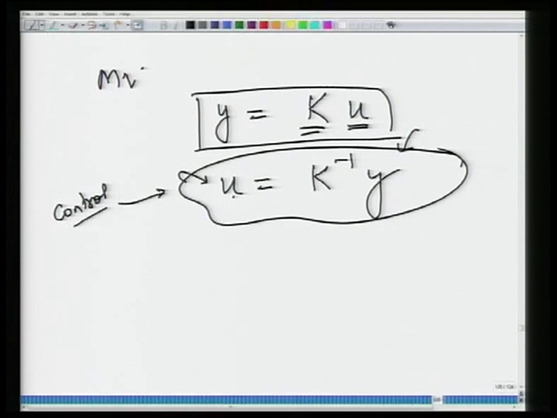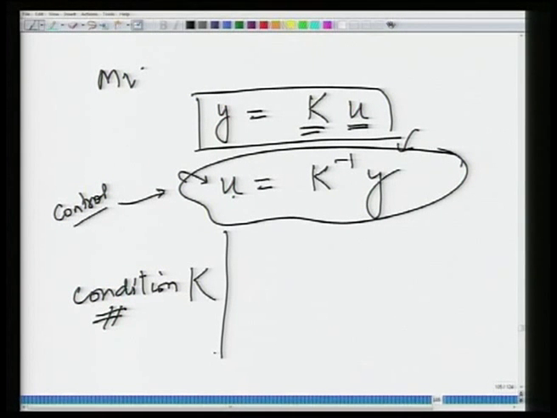That is just a very straightforward way of looking at it. Since you are trying to invert, one of the first things that you need to do is look at the condition number of K. What do we mean by condition number of K? Well, to explain it, this goes into eigenvectors and eigendirections and eigenvalues.